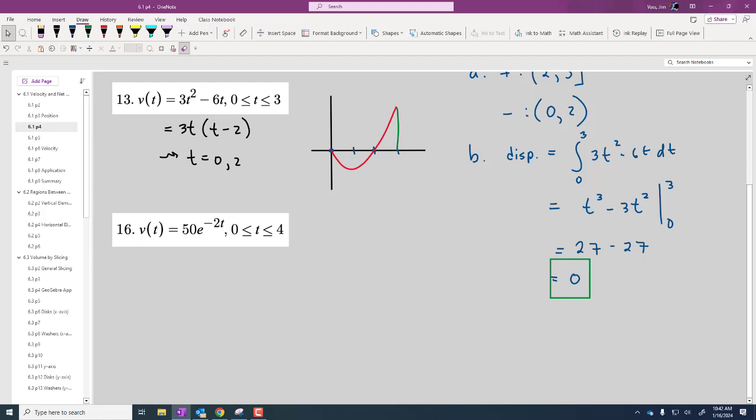If the displacement is 0, that tells us that this area down here and this area up here must be equal.